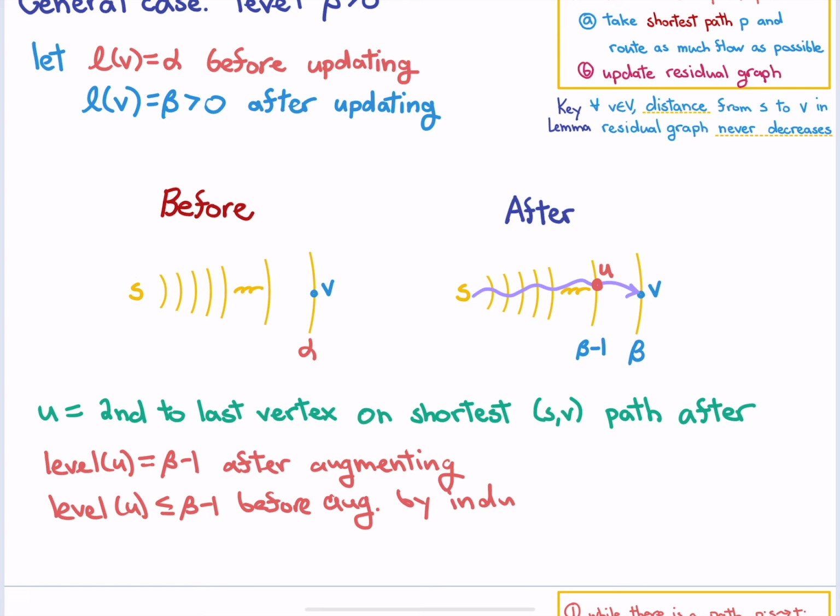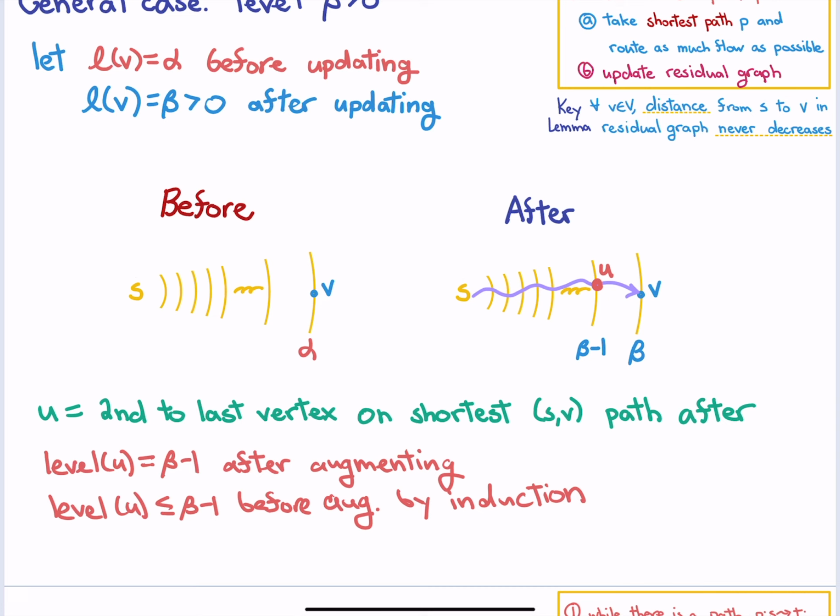So there's our induction hypothesis: U ends up one layer before, and that's already been addressed by induction. Those are the main ingredients. We have V at level beta, and U at level beta minus 1.